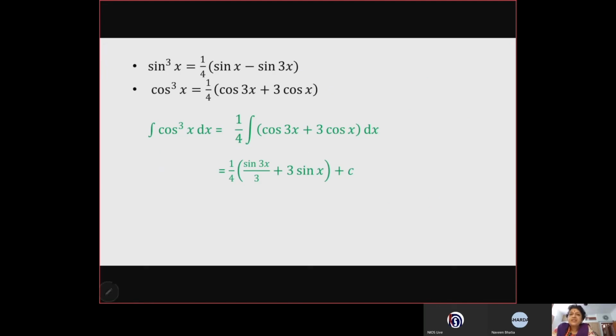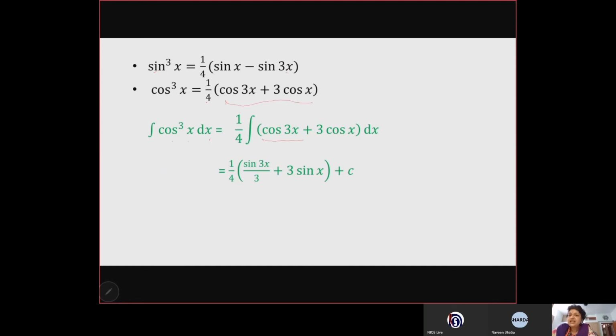Now, if I have to integrate sine cube x, by the sine 3x formula, sine cube x can be written as 1 by 4 into 3 sine x minus sine 3x. Similarly, cos cube x using the cos 3x formula: if I have to integrate cos cube x dx, it would be 1 by 4 times cos 3x plus 3 cos x dx.